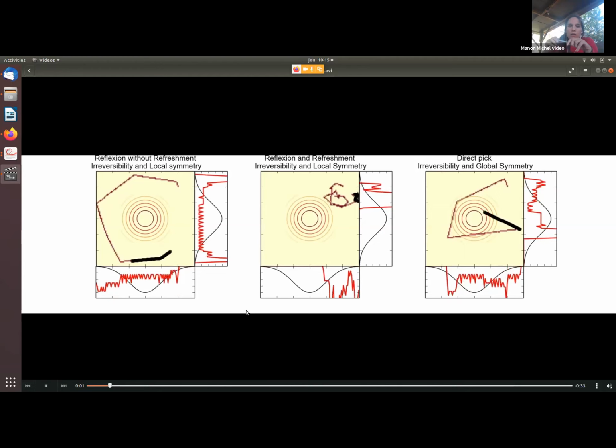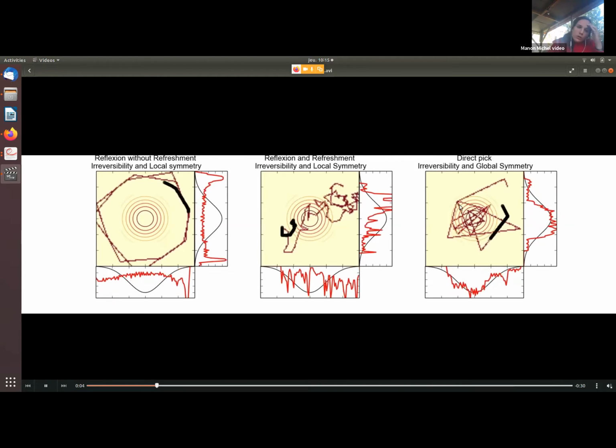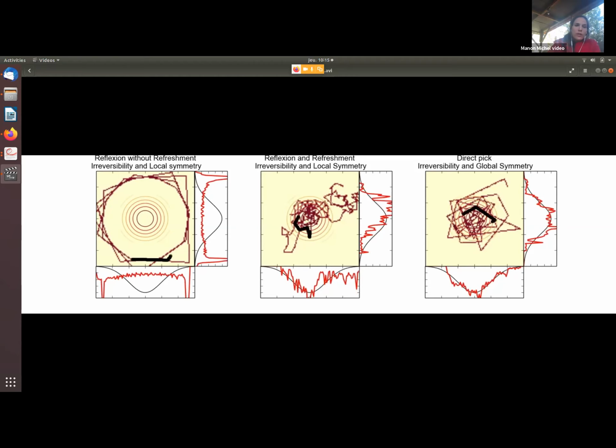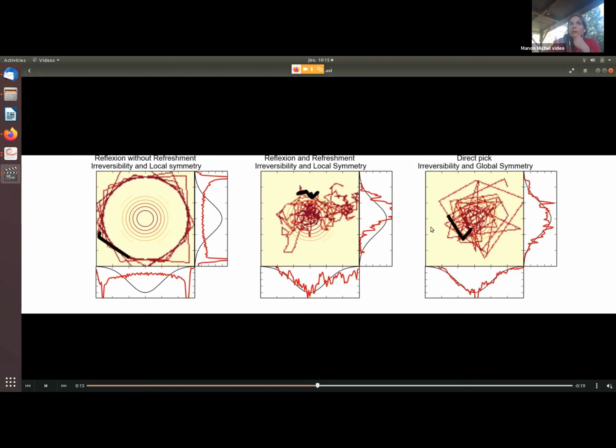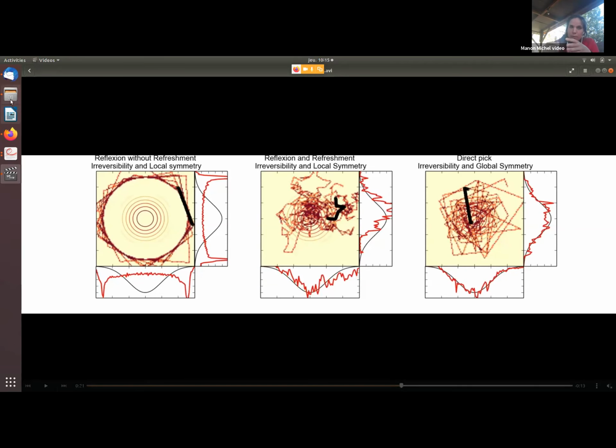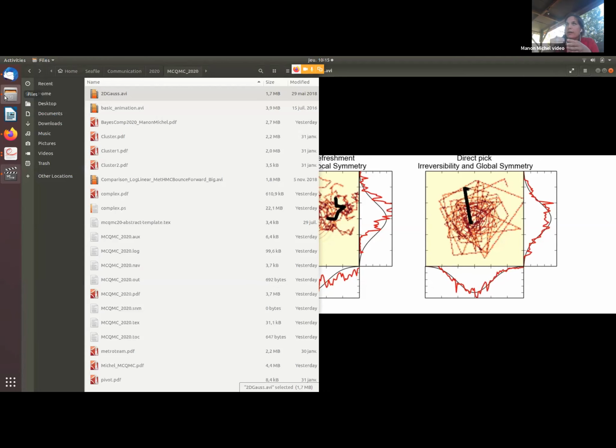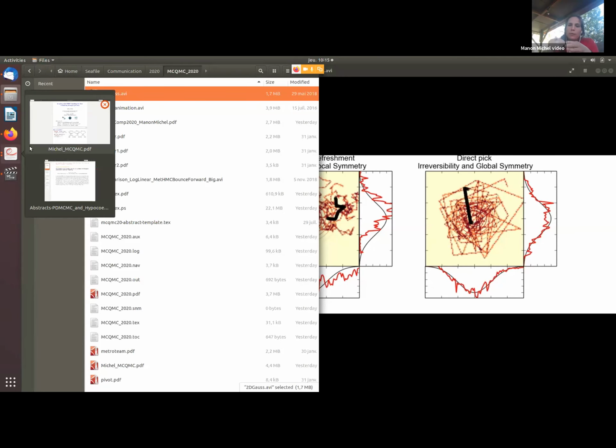And here on the right, you see that if you're not making any constraint and just using some global symmetry that you actually have for any potential, you can be much more efficient and you can conserve this ballistic type of trajectory.